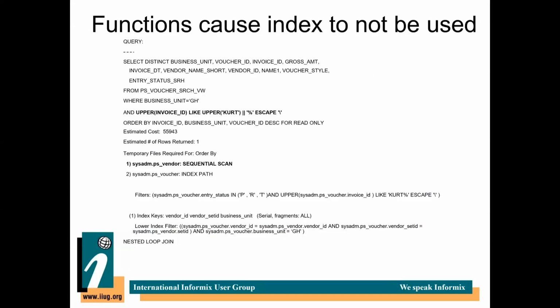As you can see in the bold here, it's using a function, upper, on the invoice ID, and that was actually what was causing this to use a sequential scan instead of an index scan.